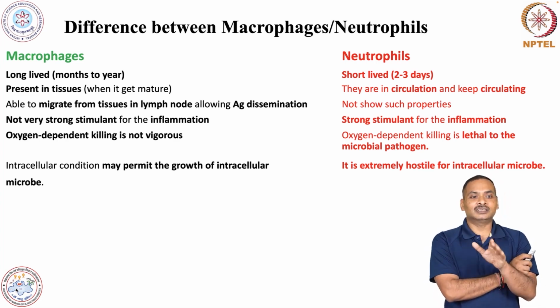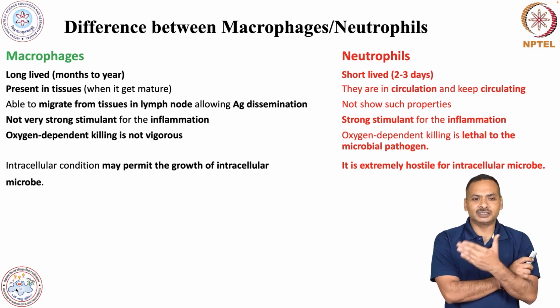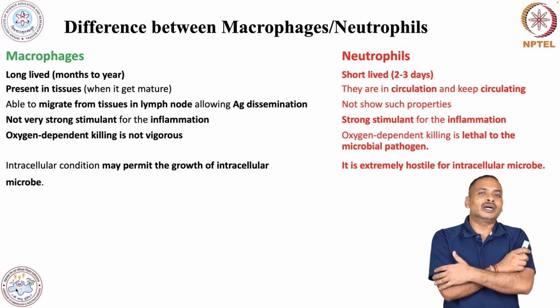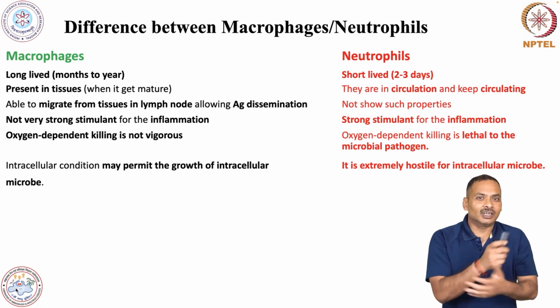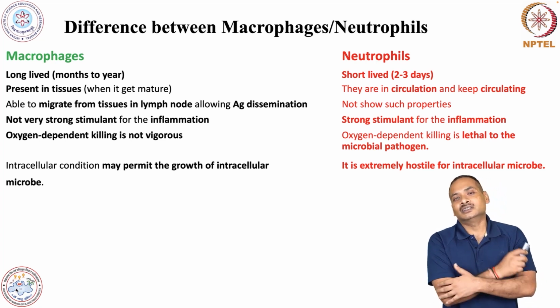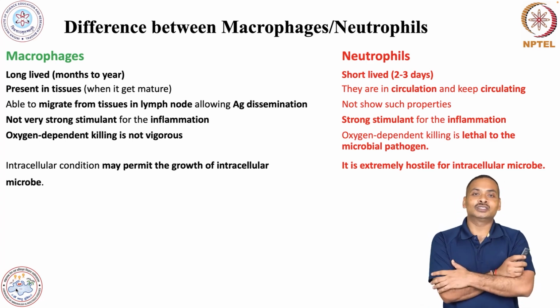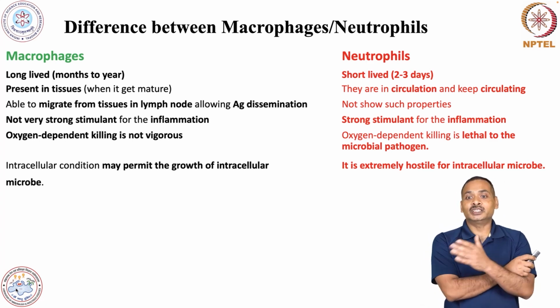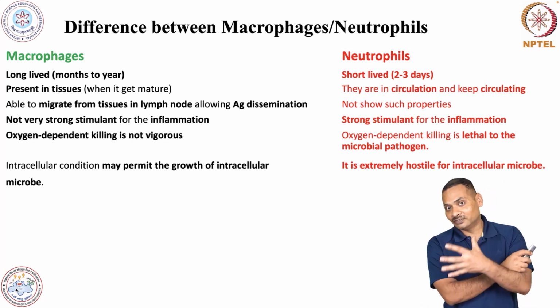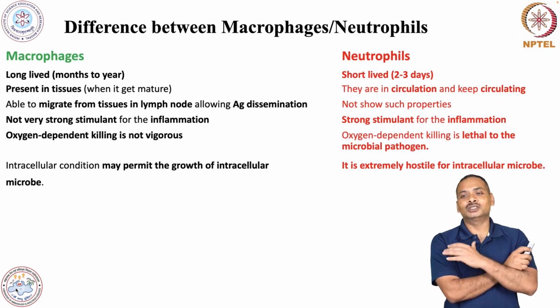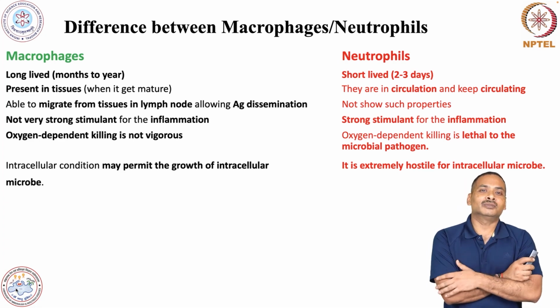Because the intracellular condition is not so aggressive, and the microbe takes advantage of this and replicates. But this is not true for neutrophils. The environment inside neutrophils is extremely hostile to these intracellular microbes.